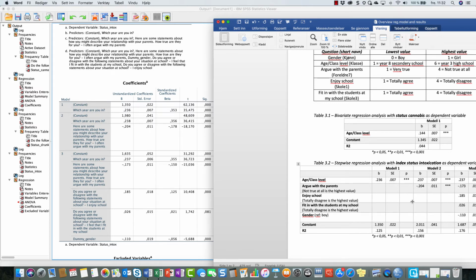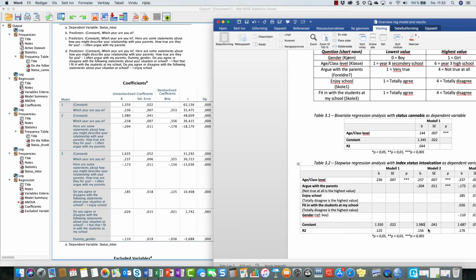And in my second model, I've included argue with parents. And as you can see, I also put in that not true at all is the highest value on this variable. I have it here as well, but for me to remember it is nice. I found the coefficient for the constant there, and it's 1.98.